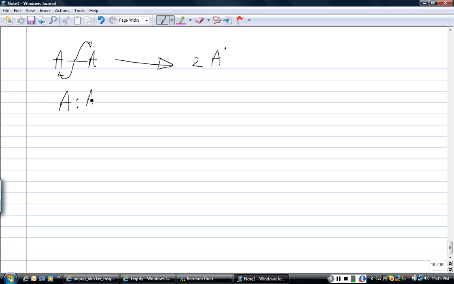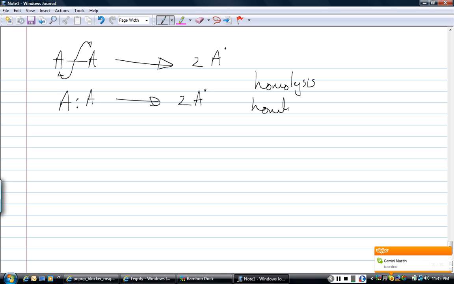Since each atom of A has the same electronegativity as the other, when the bond breaks, each A gets one. And that leads to the formation of two like species, both free radicals. This is called homolysis, or homolytic cleavage.